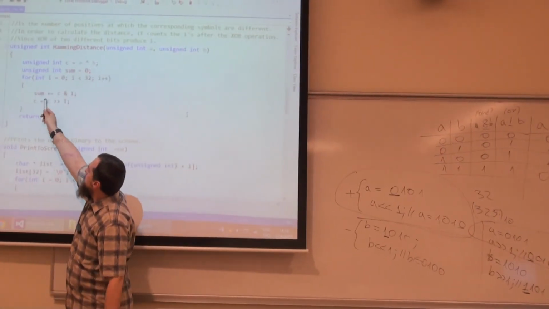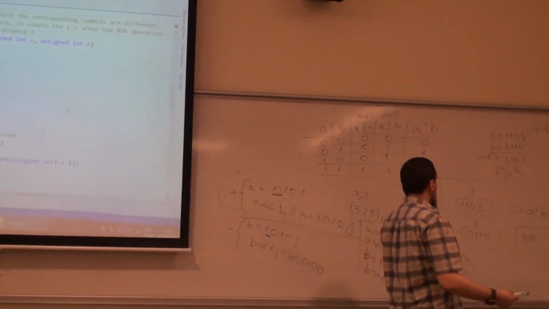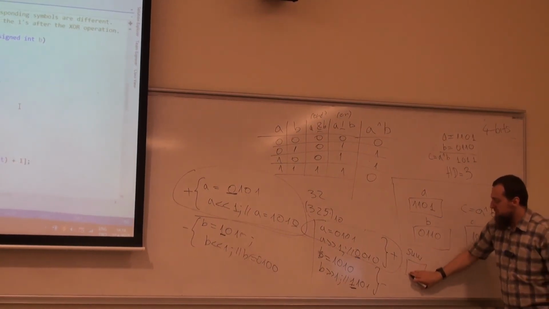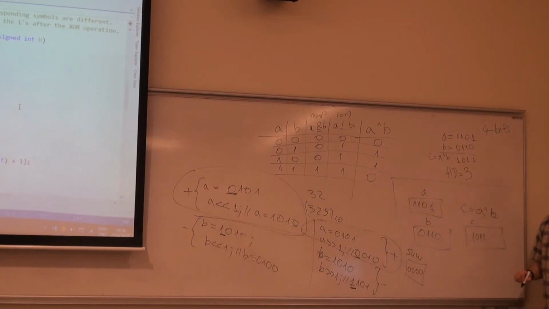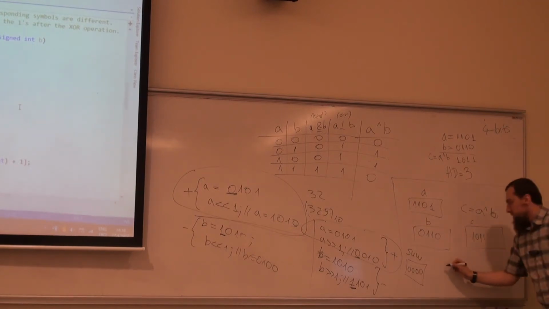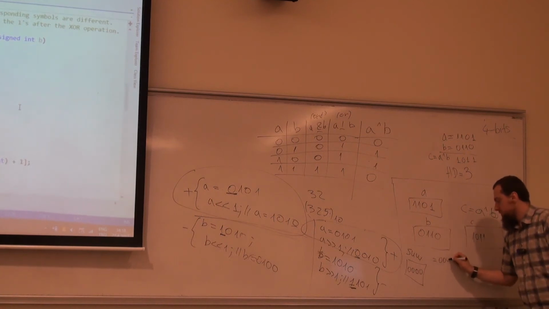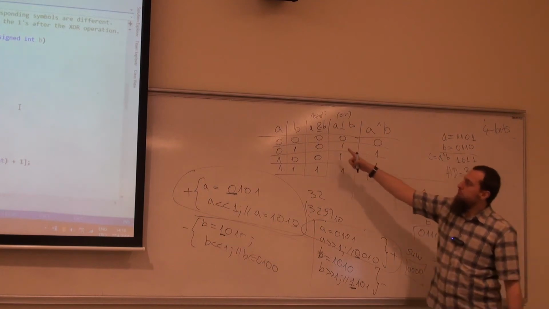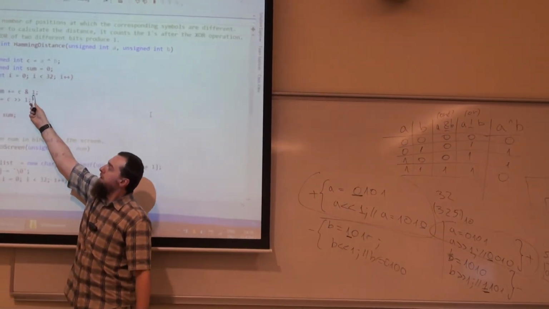Sum is equal to previous sum, plus C bitwise AND 1. So where is C? This is C. When I say 0, basically I mean 0, 0, 0, 0 in binary. So I say sum plus equal, and this is 0, 0, 0, 0, bitwise AND 1.